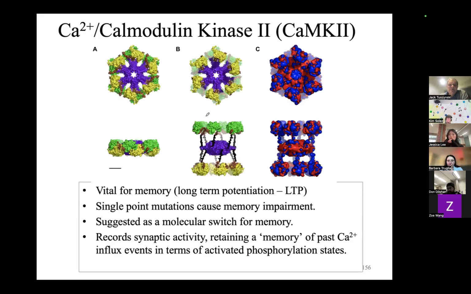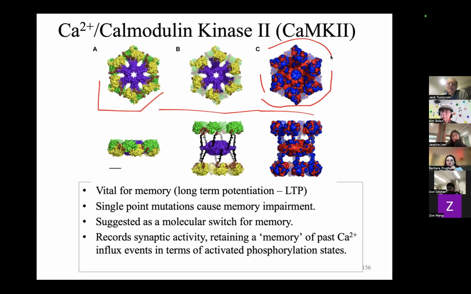Okay, here it is. Travis has computationally reconstructed this calmodulin kinase 2 enzyme, and this is the view from above in the top panel, and it looks like a beautiful hexagonal snowflake. And here's the same snowflake painted electrostatically with the same color code as before. That's from above, and this is sideways here.